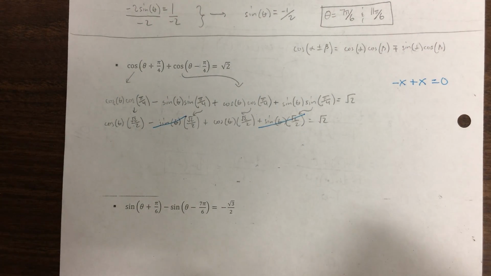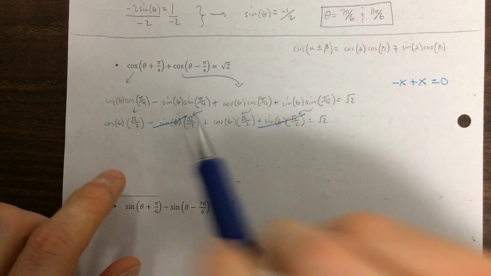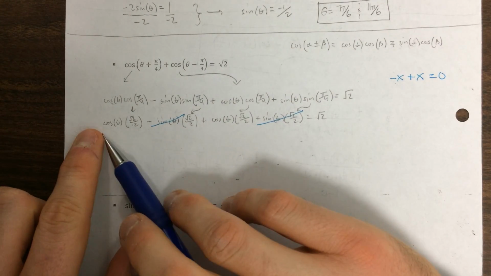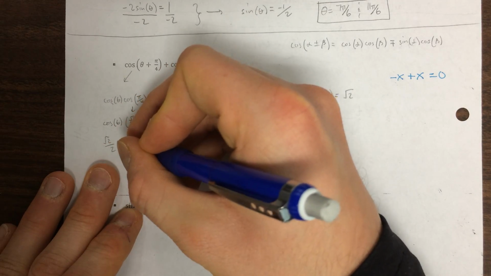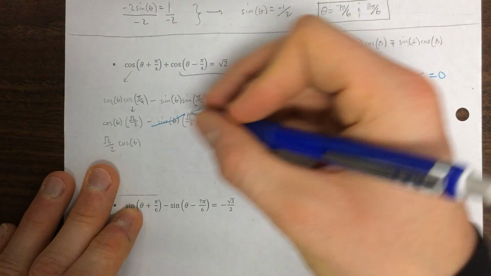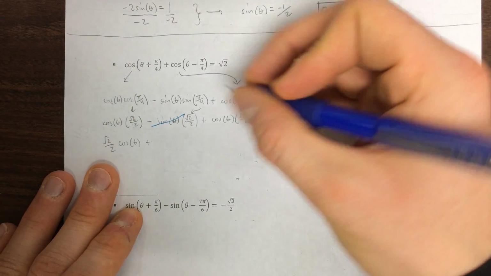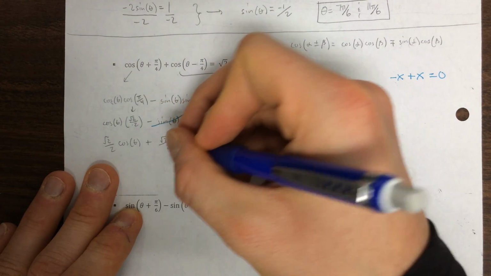Now I'm actually going to rewrite this because I think it's a beneficial thing. I'm going to rewrite this and put the coefficient in front of our term. So I'm going to write this as square root of 2 over 2 cosine theta plus, again writing the coefficient in front of our cosine term.